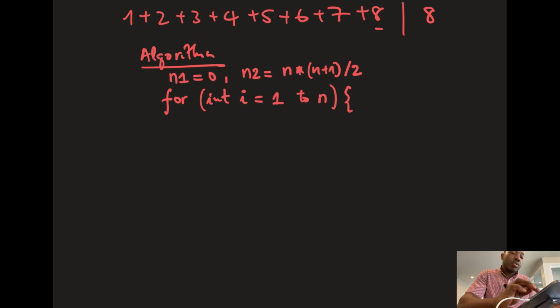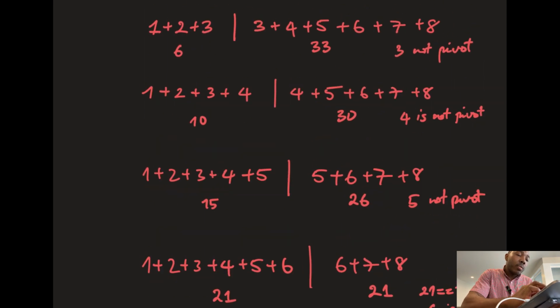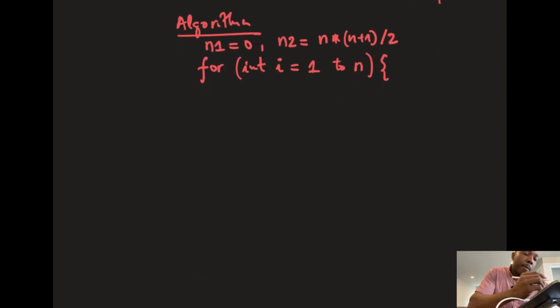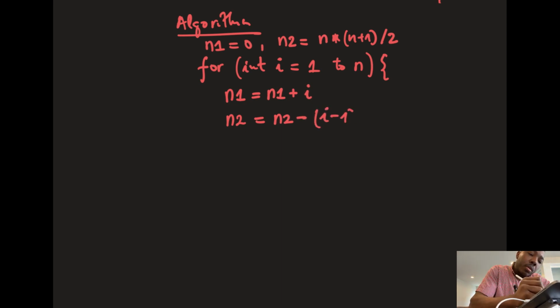Now we apply the algorithm where we consider one number as the pivot, and we have two sums to construct. n1 will be assigned n1 plus i, and n2 will be assigned n2 minus i minus 1.